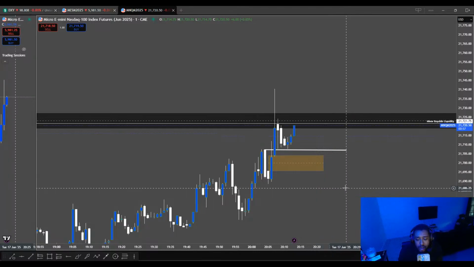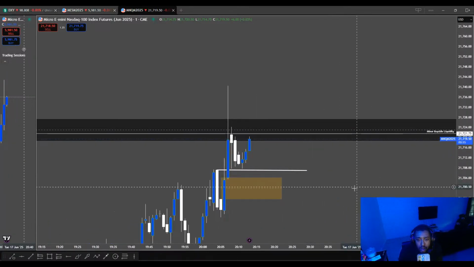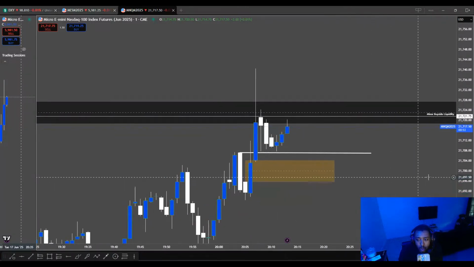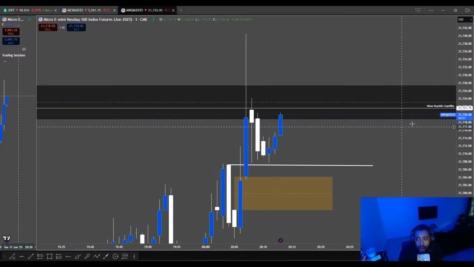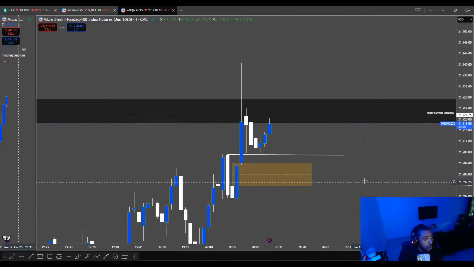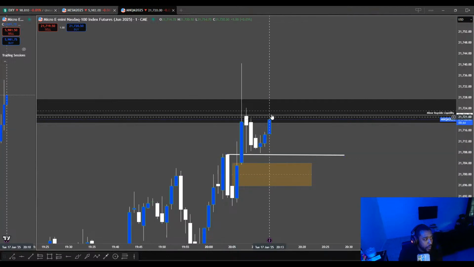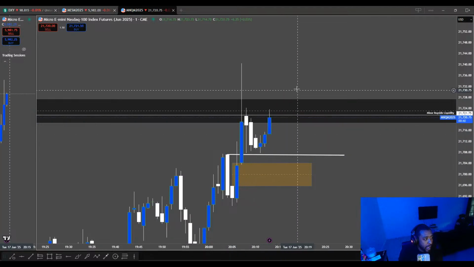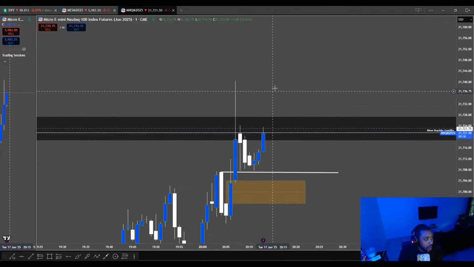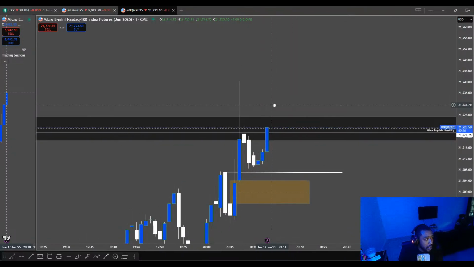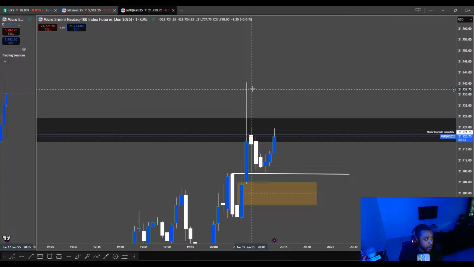But if you just trade price action, you see how we pulled back right into where I was expecting it to bounce. So hopefully it creates another order block. And this time we're looking for a good displacement, because this first displacement was good at first, but then look what happened.